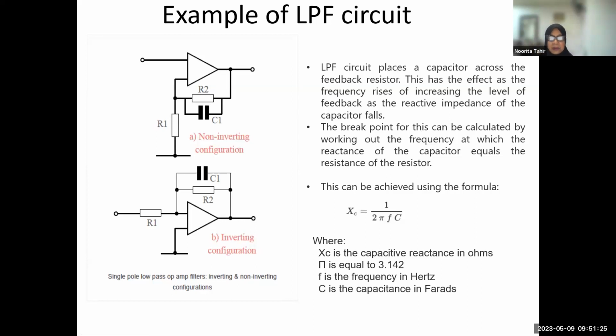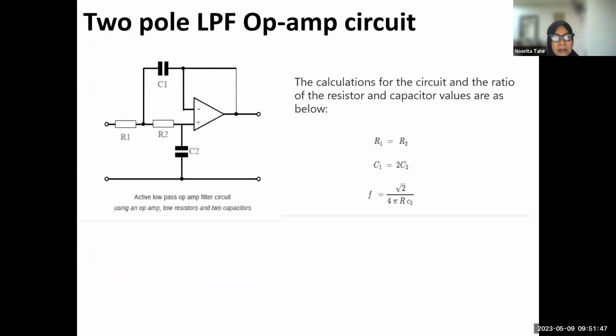So the equation is simple. I think all of us have seen this impedance equation, XC = 1/(2 pi f C), where XC is the capacitive reactance. Pi, I think everybody knows, we normally assume 3.142. f is the frequency at which it is going to function, and C is the value of the capacitor in farads.